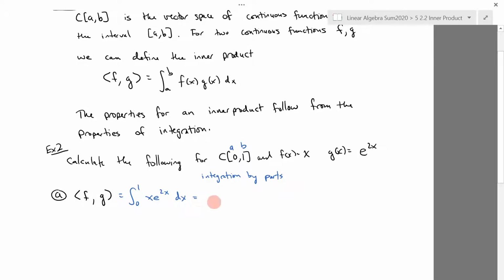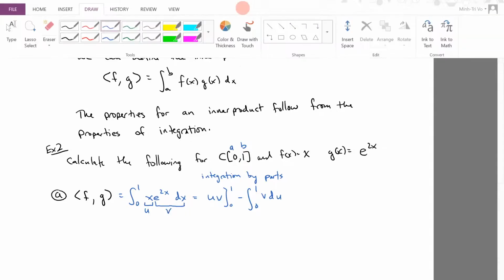So if you remember, the formula is uv, and because we have a definite integral, where the integral is from 0 to 1, you have to evaluate from 0 to 1, minus the integral from 0 to 1 of v du. Okay, so this will be my u, this will be my v.